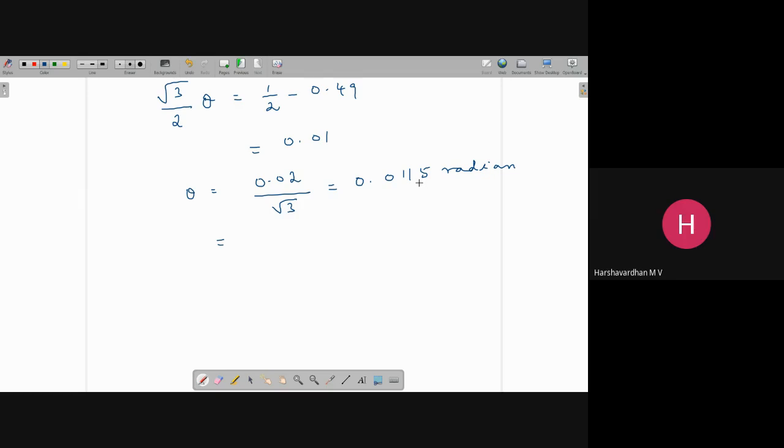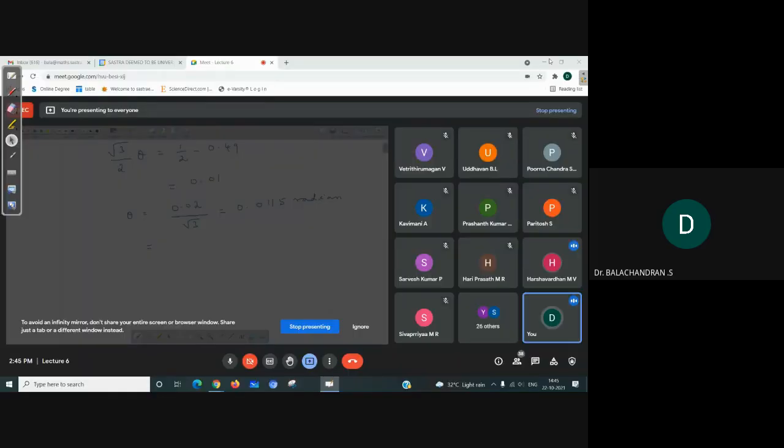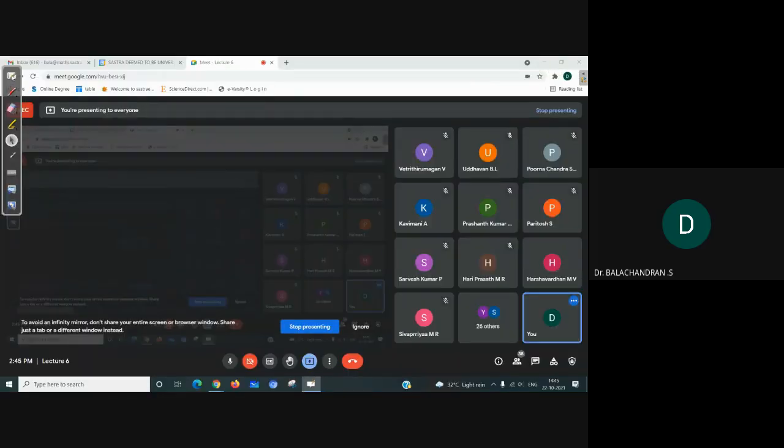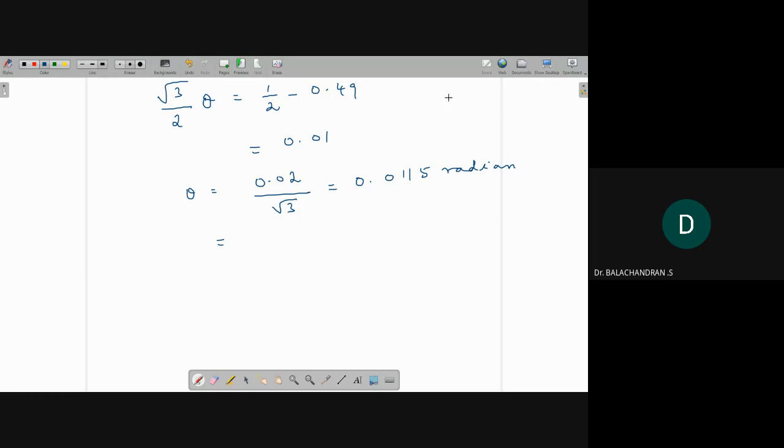No, sir, the root 3 by 2 theta. 1 by 2 minus 0.49 is what? 0.01. So my mistake, sir. Okay, so now this is equal to 0.0115.